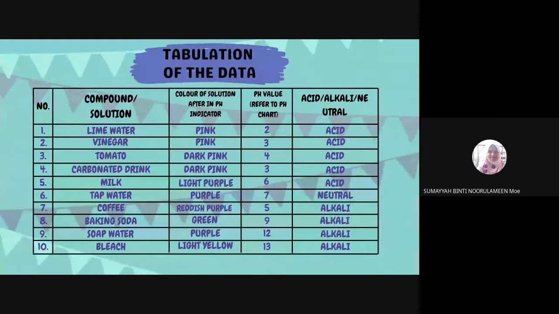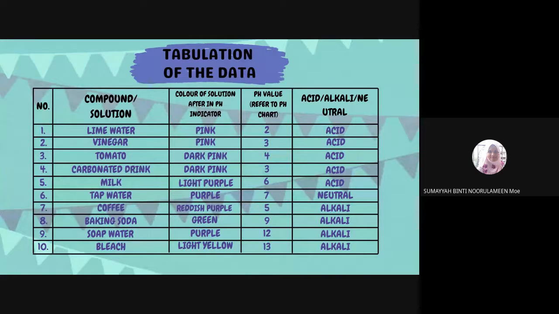Vinegar, the color is pink, the pH value is 3, and it is acid. Tomato is dark pink, the pH value is 4, and it is acid. Carbonated drink is dark pink, pH value is 3, and it is acid.